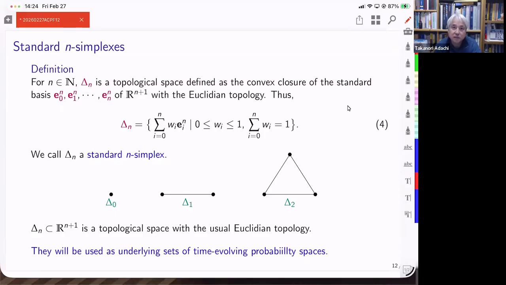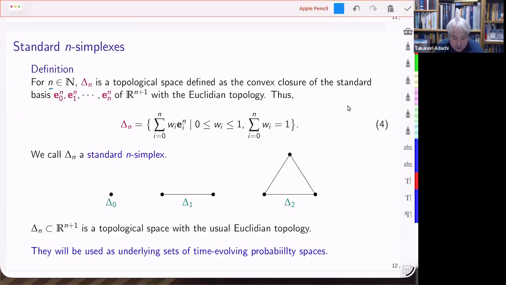Concretely speaking, we need some topological space which is a concrete representation of each bracket n. So for n, we specify the topological space Delta n, which is an instantiation, a concrete example, of the bracket n.